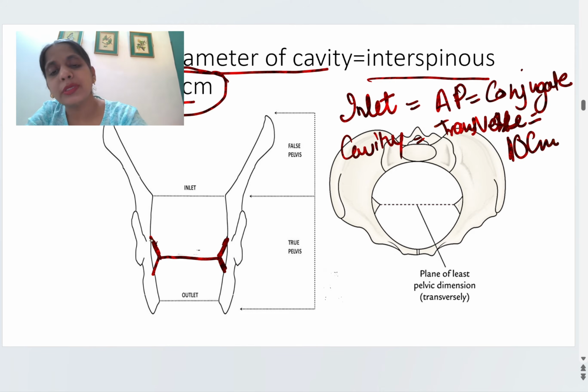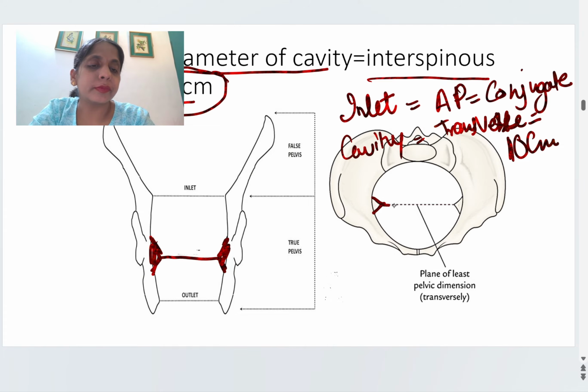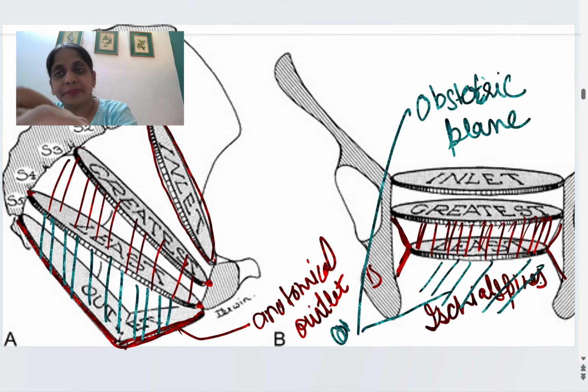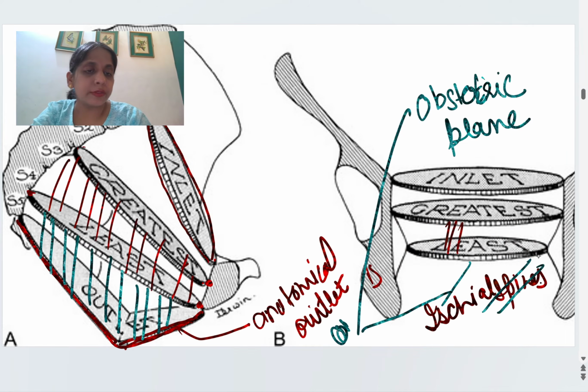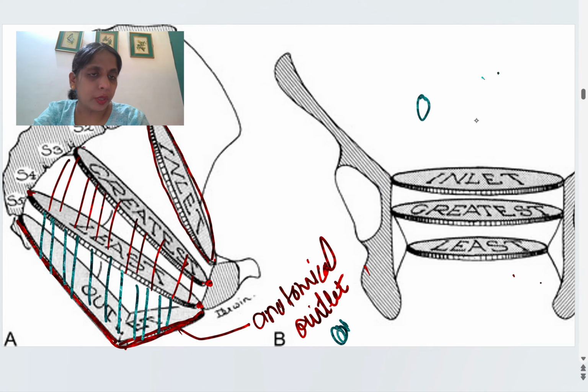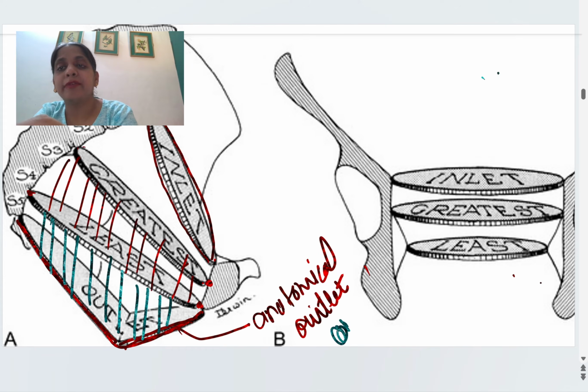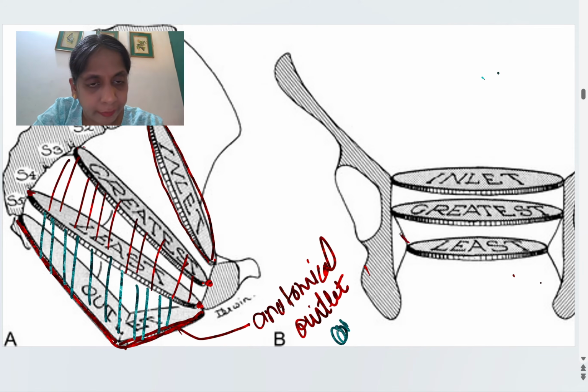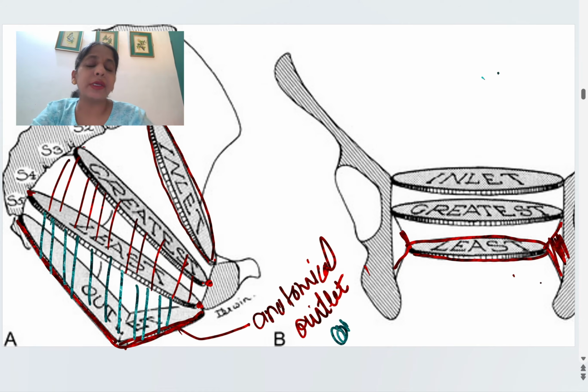It is the narrowest space of the pelvic cavity. As you have seen, at the level of the ischial spine was the plane of least pelvic dimension, because due to this ischial spine there was the narrow, lesser dimension.